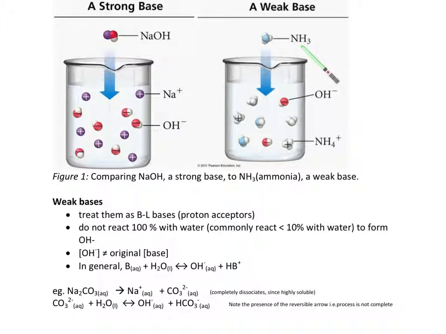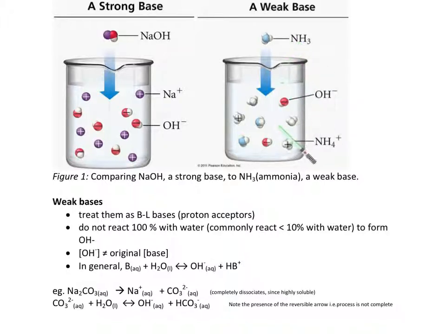If we just treated this as an Arrhenius base, the problem would be that the NH3 does not contain any OH minus, and so you wouldn't expect it to be a base because it wouldn't dissociate in water to yield OH minus ions. But you'll notice that when the NH3 is added to the water, there are OH minus ions present. That's because the NH3 is accepting a proton.